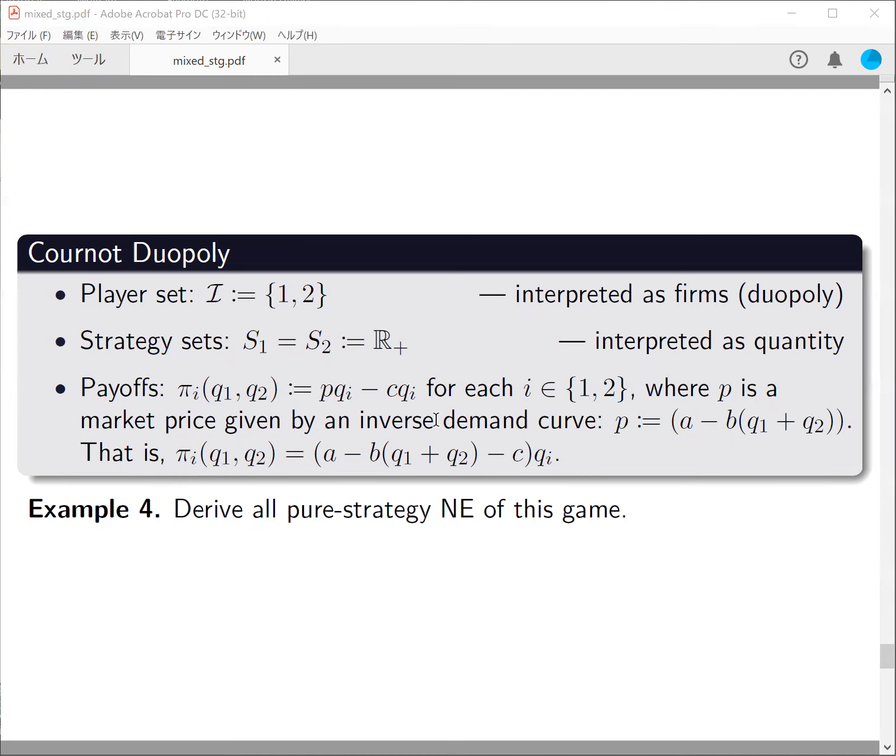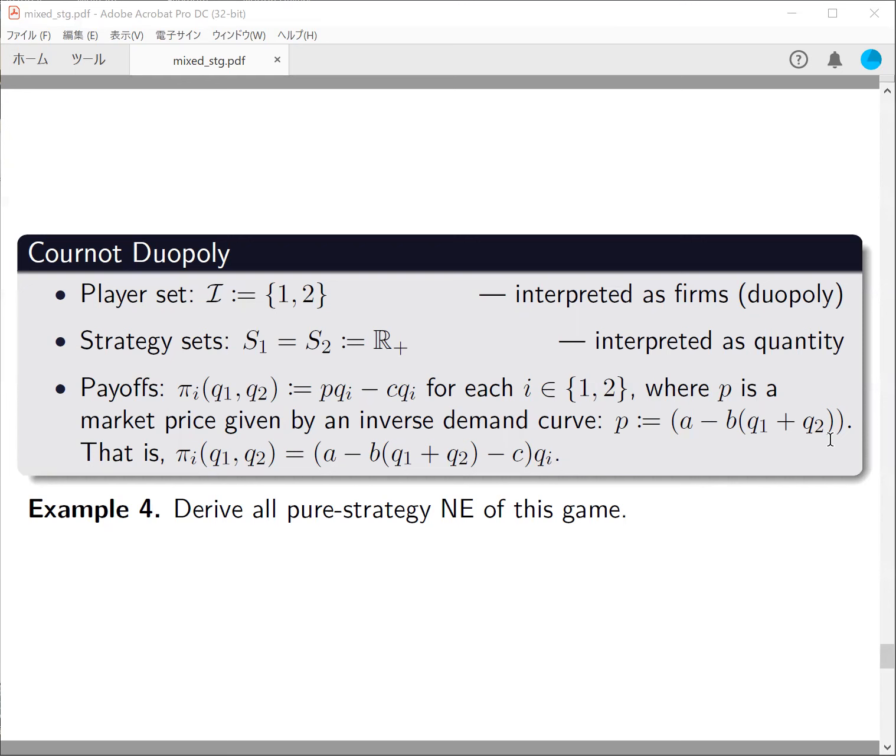Here, p is the price of the homogeneous product, and c is a constant marginal cost of production. The inverse demand curve is assumed to be given by the linear function a minus b times total output. a and b are both positive constants.